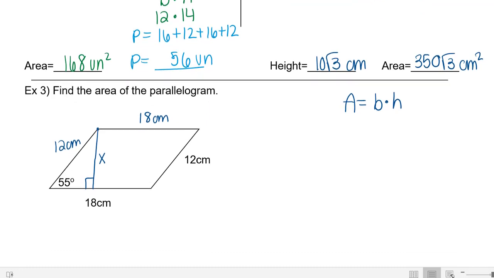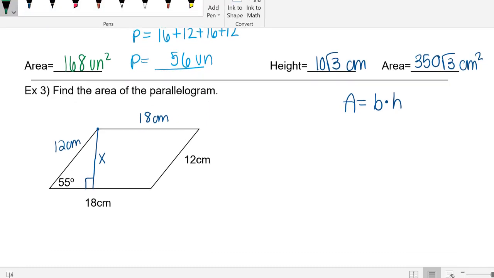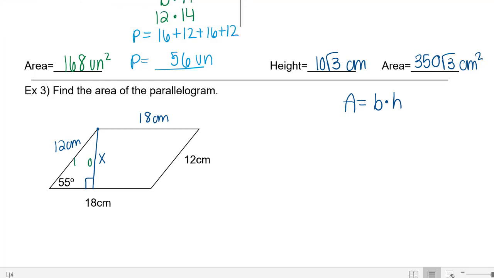And with that 55, it's kind of gross in that there's no special right triangle, there's no Pythag for us to solve. We're just given this 55-degree angle measure and then one of our sides and trying to find one of our other ones. So using this 55, let's assign our opposite, hypotenuse, and adjacent to figure out which trig function we should use.